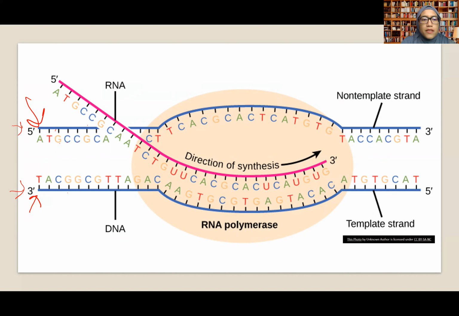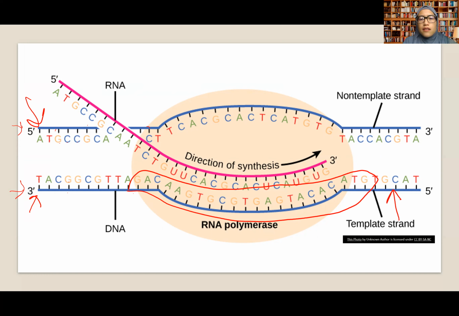Here it is the opposite of that, TACGGCG. And this is the template strand. The template strand is the one that will be read by the RNA polymerase to synthesize RNA. Okay.